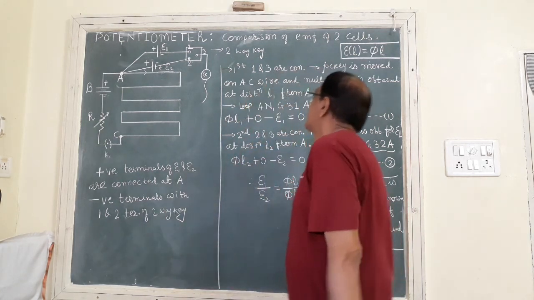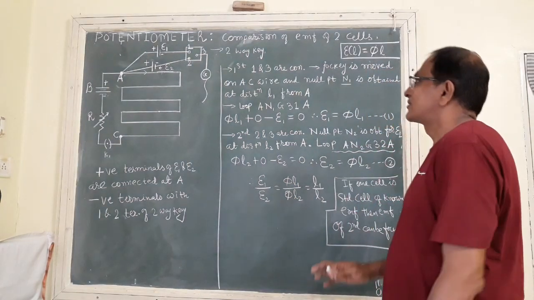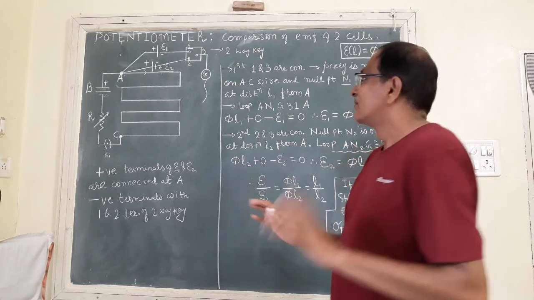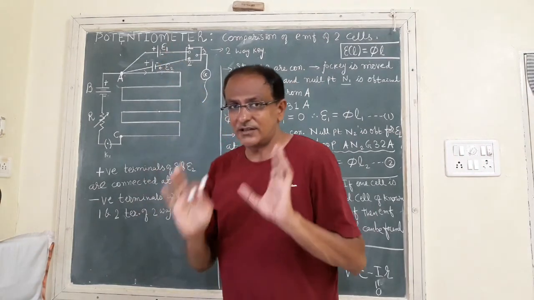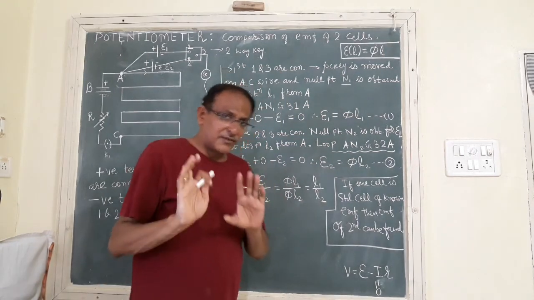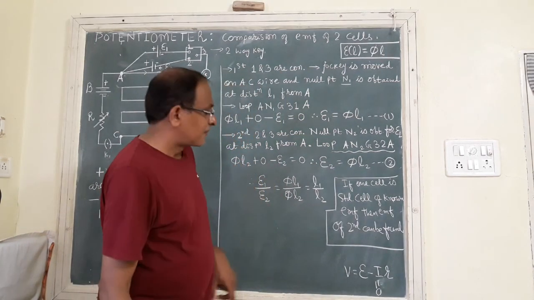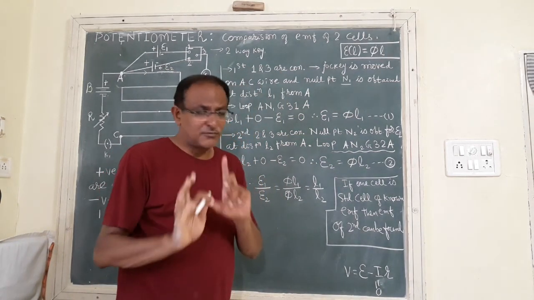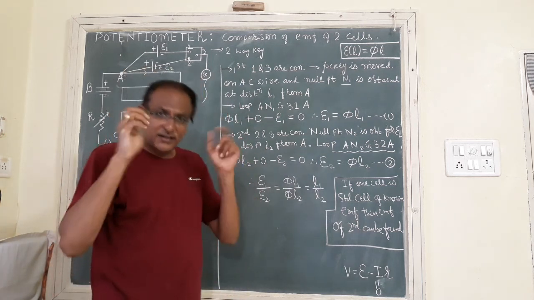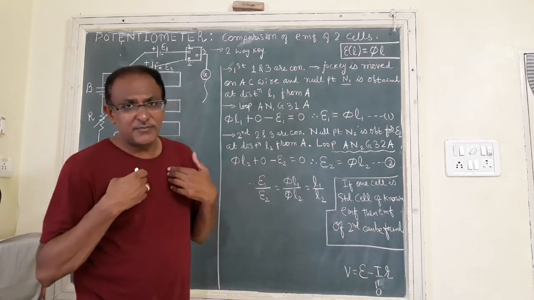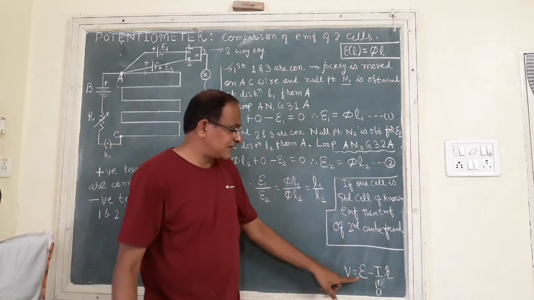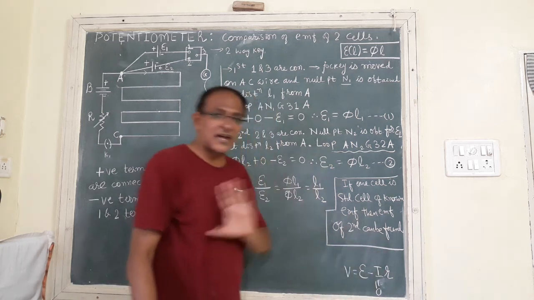Now see, first we want to find the null point for the first cell. Why are we finding the null point? The first cell has electromotive force E1, and in the concept we saw that the terminal voltage V is equal to E minus IR.